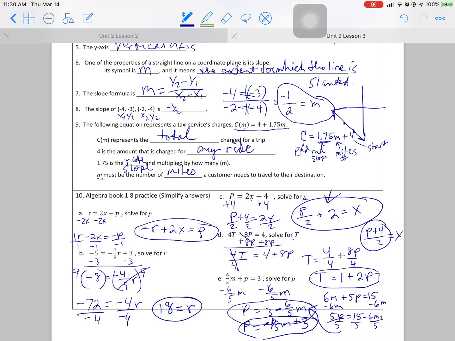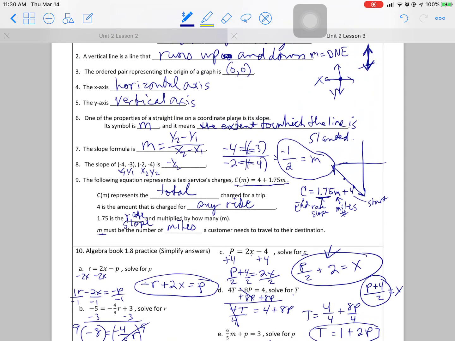So you're going to get there. So look at that. In this particular case, you just made more work for yourself by clearing that 5. Because I wanted the p and it was already alone, I'm not going to take the time to clear that fraction. Just keep it. Remember, this is what some of these word problems look like now. Just have that negative slope in there. Okay, so just keep that.